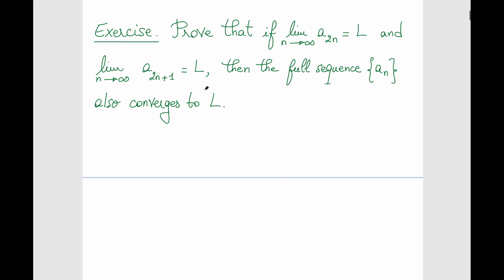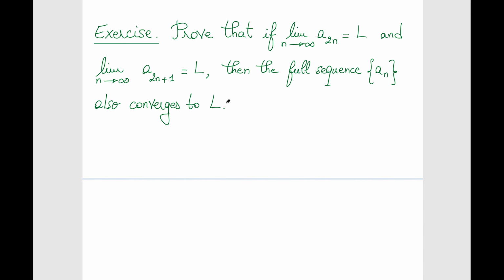How do we do so? Well, what does it mean for a_n to converge to L based on the definition of convergence? What we want to show is, for every positive epsilon, for every radius of the ball centered at L, the sequence a_n starts being inside that ball from a certain rank on. How do we write this?